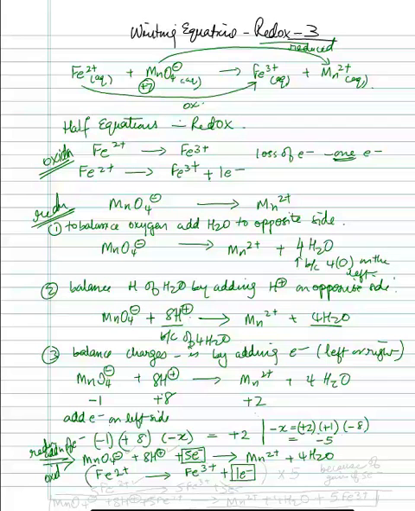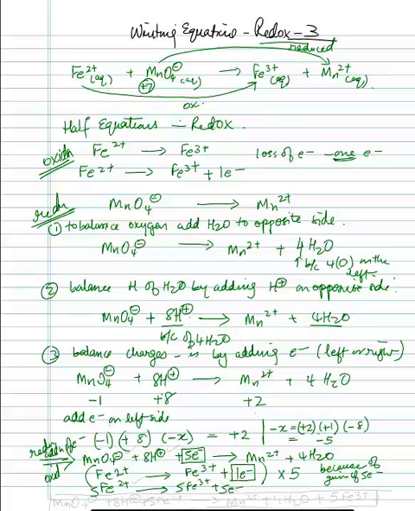So I have to take all of this equation and multiply it by 5, because of gain of 5 electrons. So my new equation is 5 Fe2+ to give 5 Fe3+ plus 5 electrons.